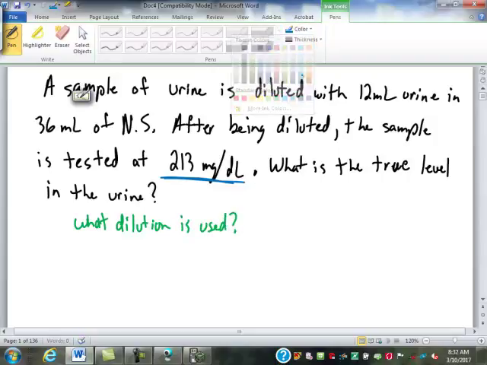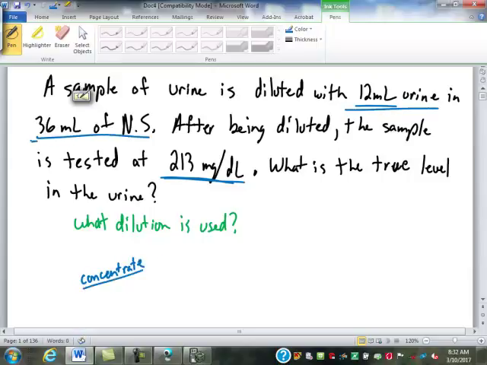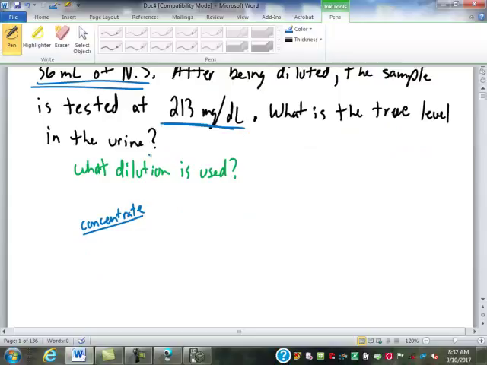We have here 12 milliliters of urine. So that's 12 milliliters of concentrate in 36 milliliters of that NS, that's sterile water. However, remember, dilution is concentrate to total solution.